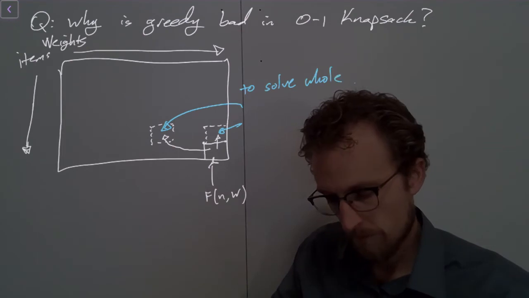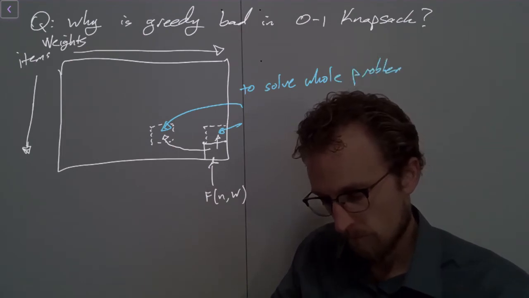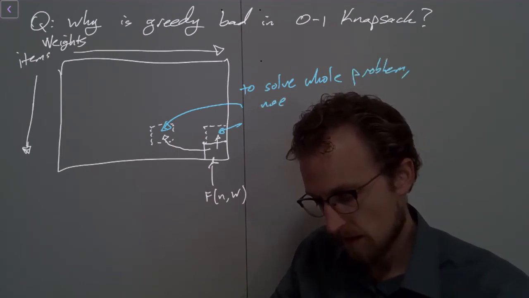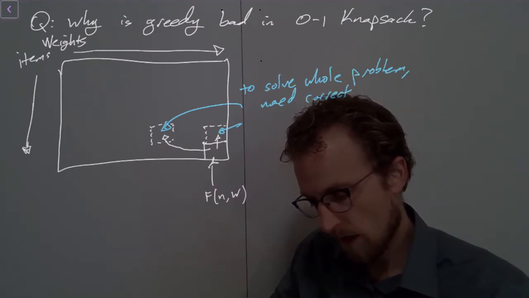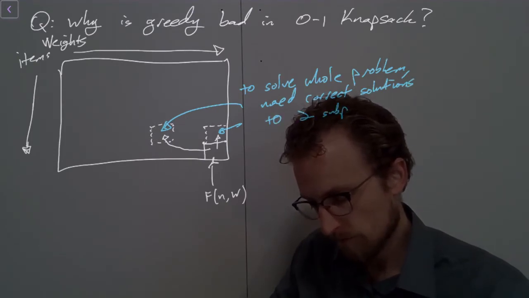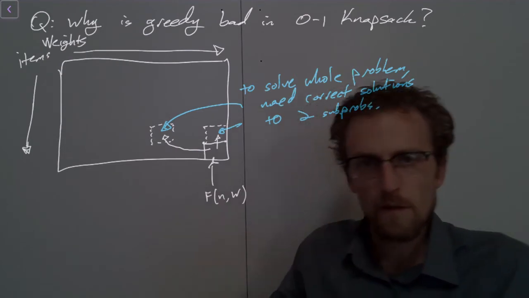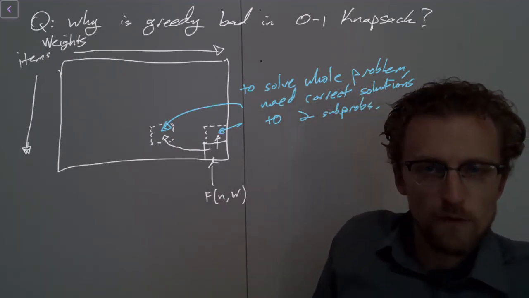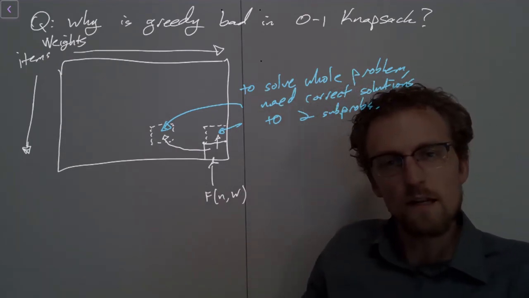So you need correct solutions to two subproblems. Okay, and that seems to be fundamental for the knapsack problem, at least the way it's set up right here.